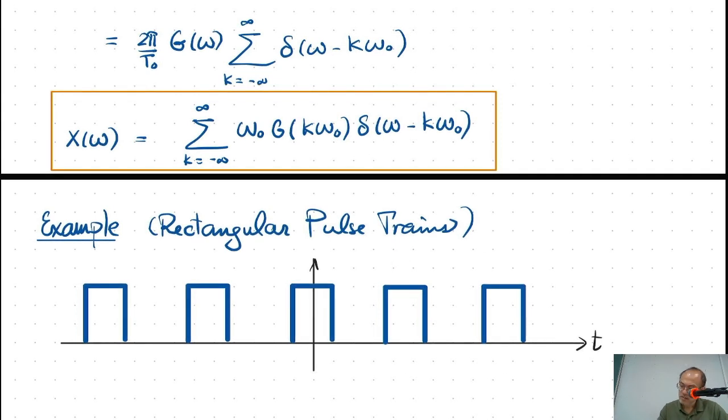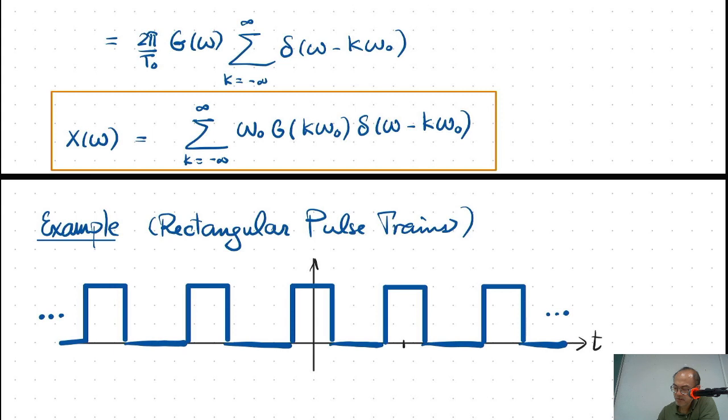And then blah blah blah on both sides, to tell us that it goes on forever to the right and to the left. It doesn't stop. So this is a rectangular pulse train.